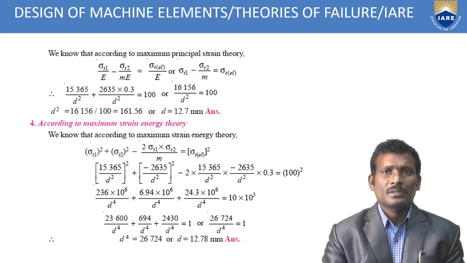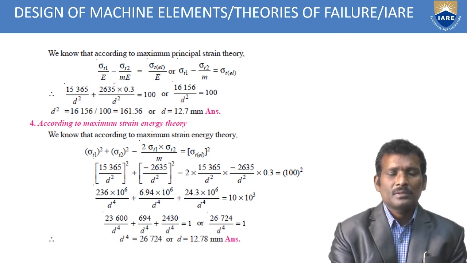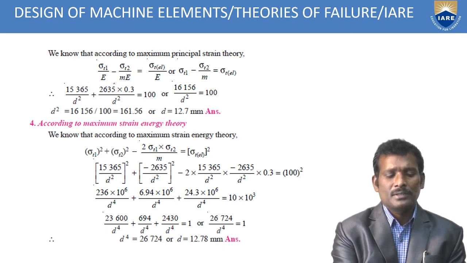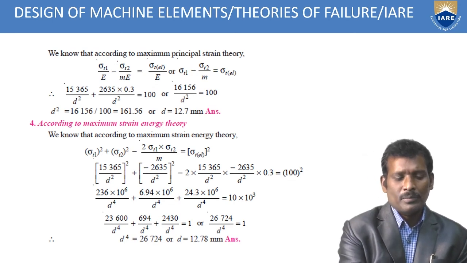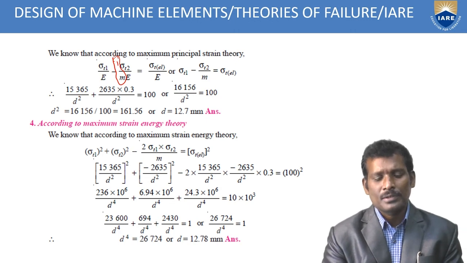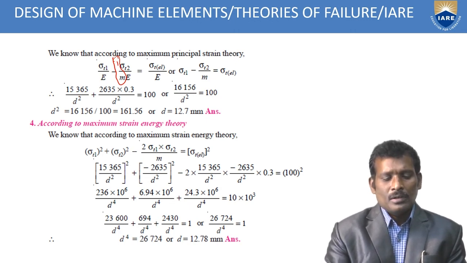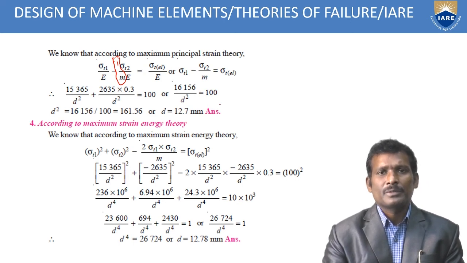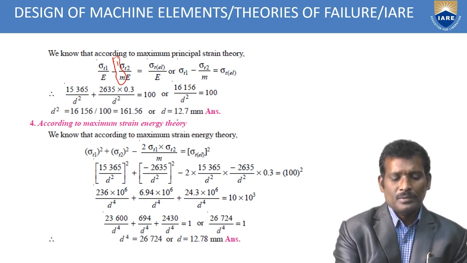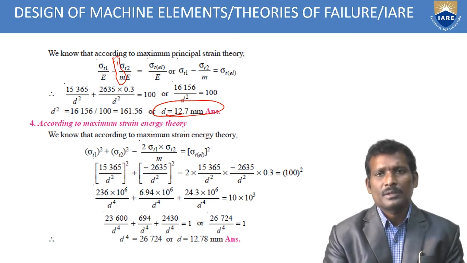So according to this theory, sigma T by E minus sigma T by E multiplied with Poisson's ratio, 1 by m. So 1 by m represents here Poisson's ratio. So equate this value to the given permissible value. So here you will get 12.7 mm.